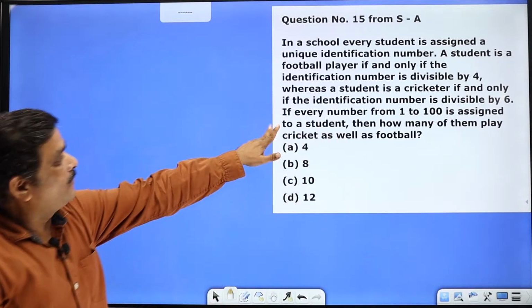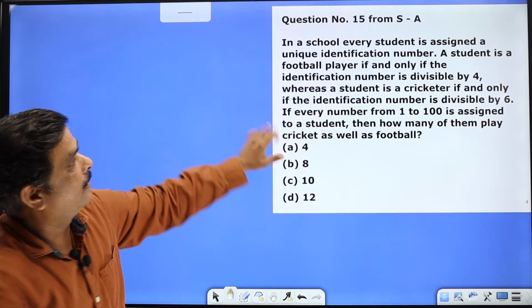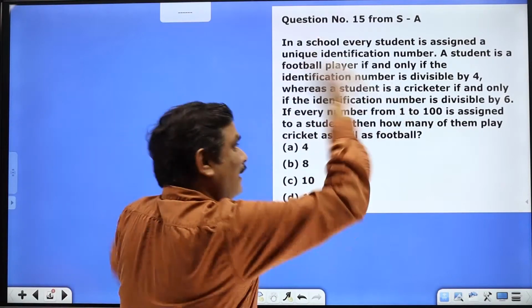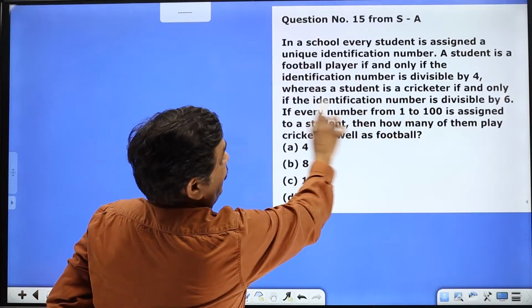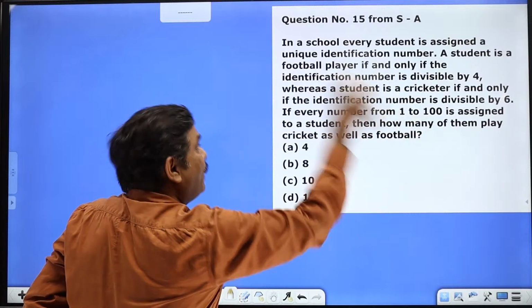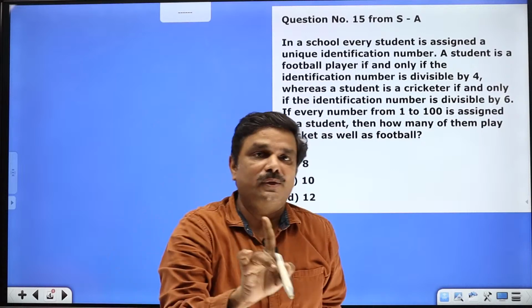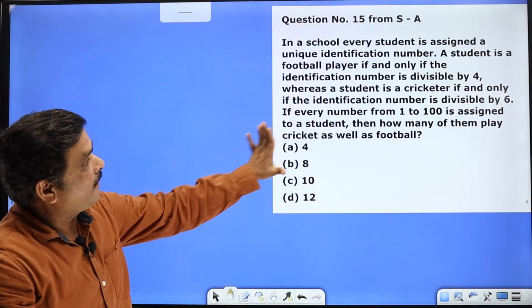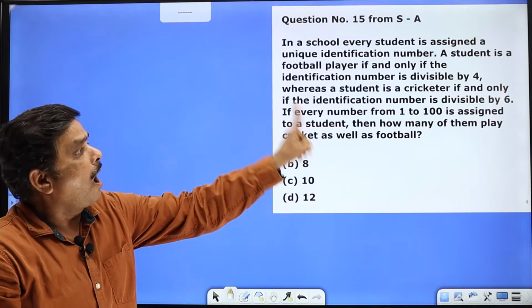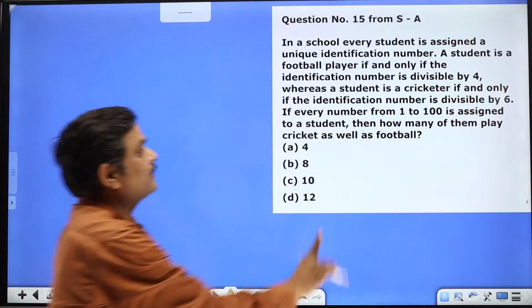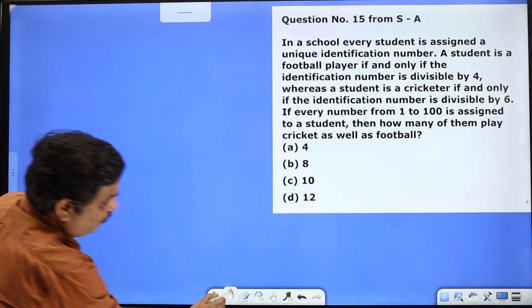Whereas a student is a cricketer if and only if the identification number is divisible by 6. You understood this one, right? Next, if every number from 1 to 100 is assigned to a student, then how many of them play cricket as well as football? Now you see, students, it's a good question.